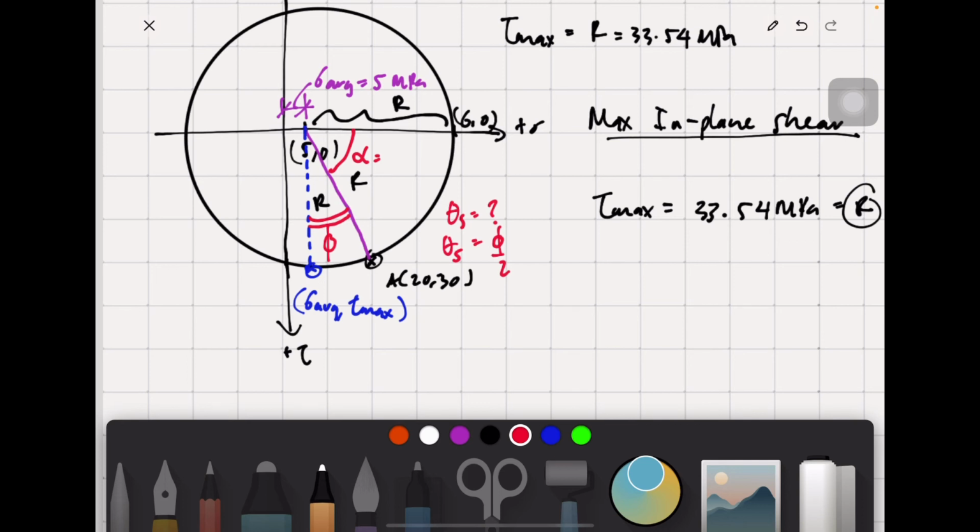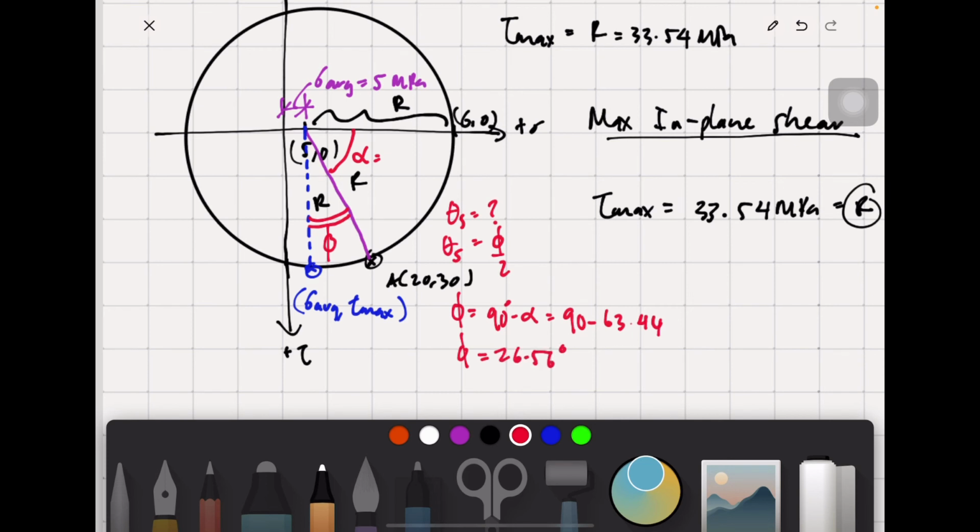So phi is 90 degree minus alpha, which is 90 minus 63.44 degree. You have your phi as 26.56 degree.